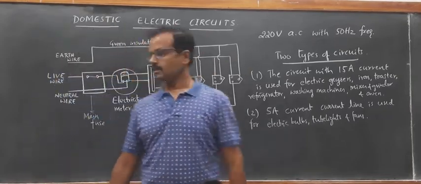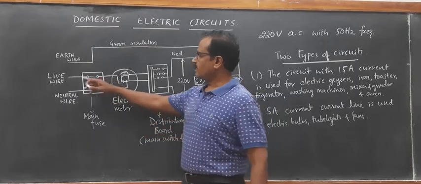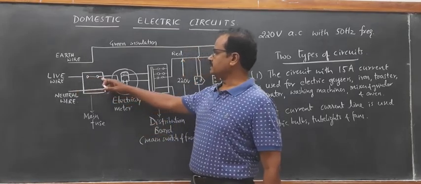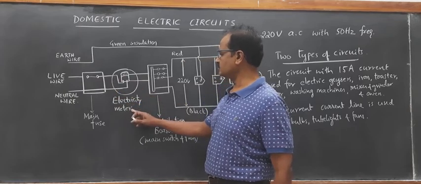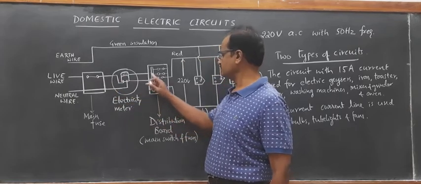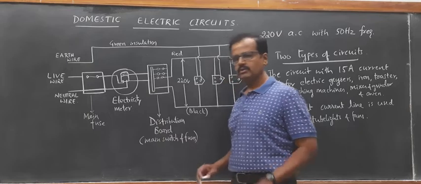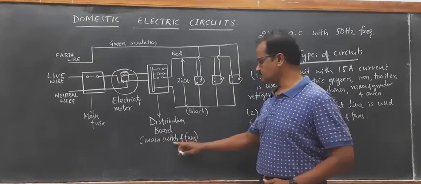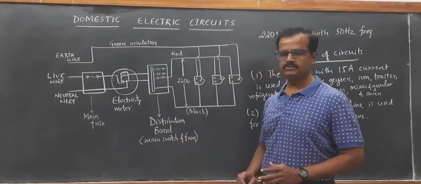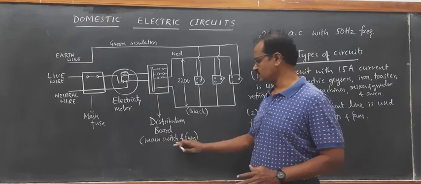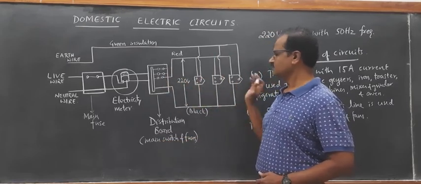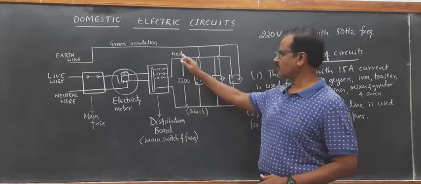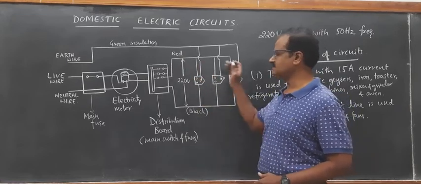Now through the main live wire the current enters, through the main fuse, and then through our electric meter. And you see, this is the main distribution board which will have the main switch and fuses. From here it is distributed to different circuits. You see, we always have parallel circuits.